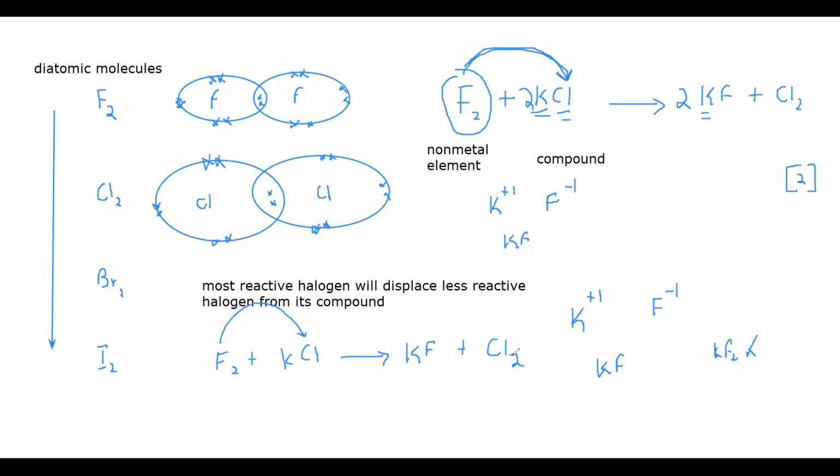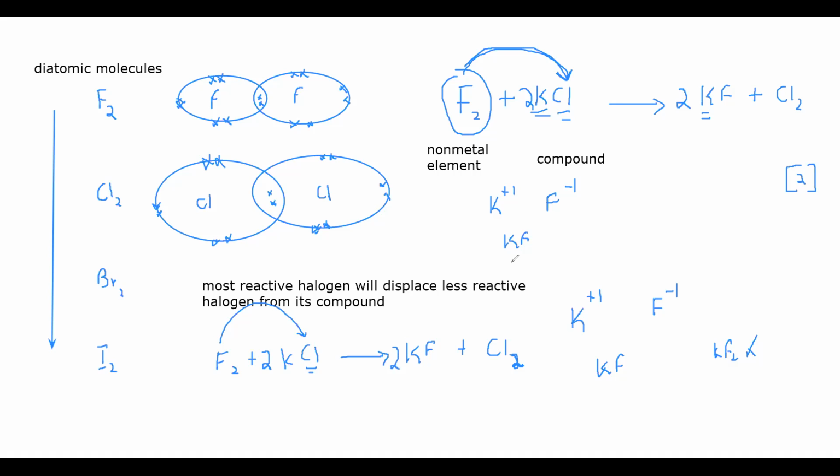How many chlorine are there on your right hand side? 2. So how many chlorine should be there on the left hand side? It should be 2. That is why I have put 2 here. So when I place 2 here, the chlorine is balanced. What about potassium? On your left hand side, you have 2 potassium. On the right hand side, you have 1 potassium. So you place 2, and potassium is also balanced.